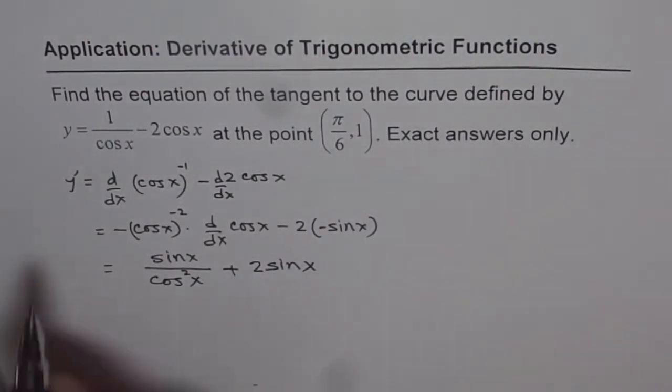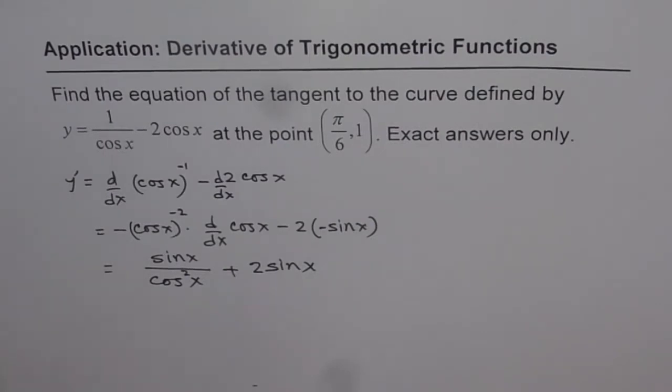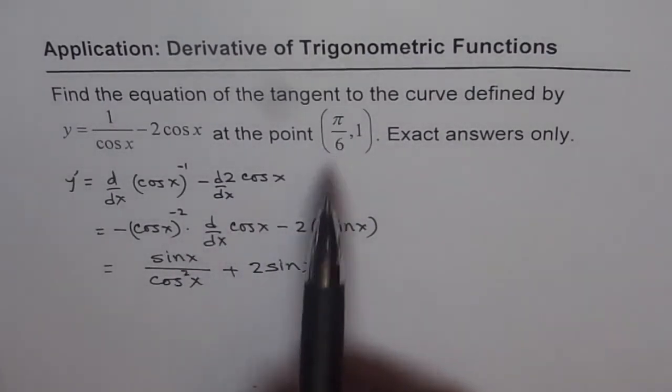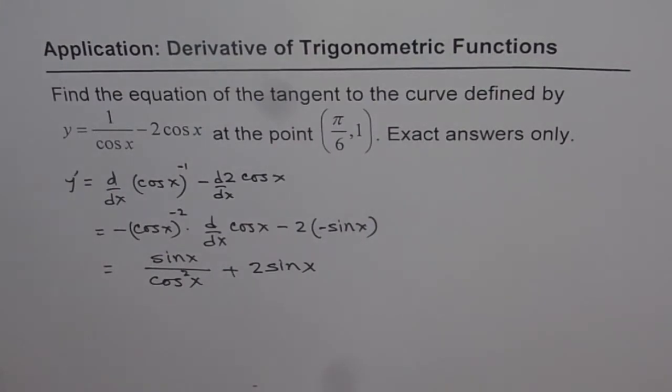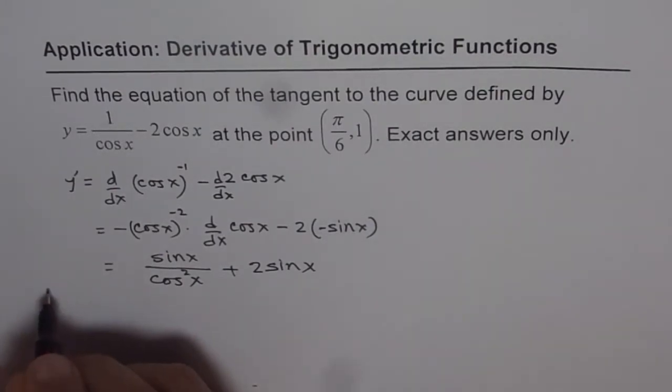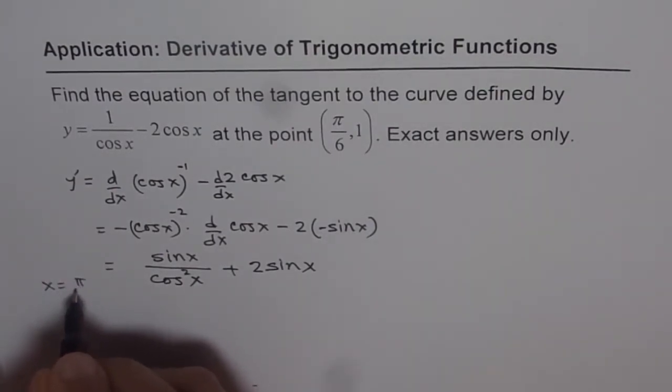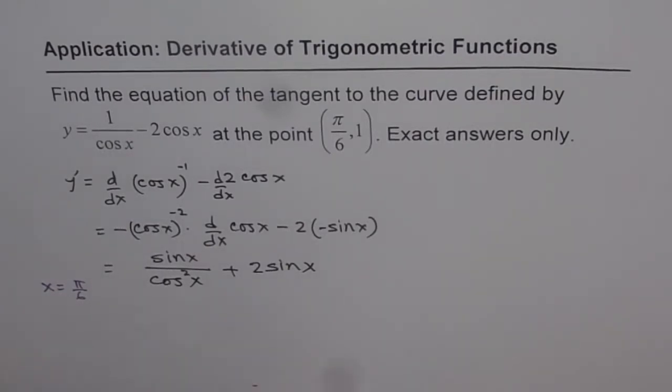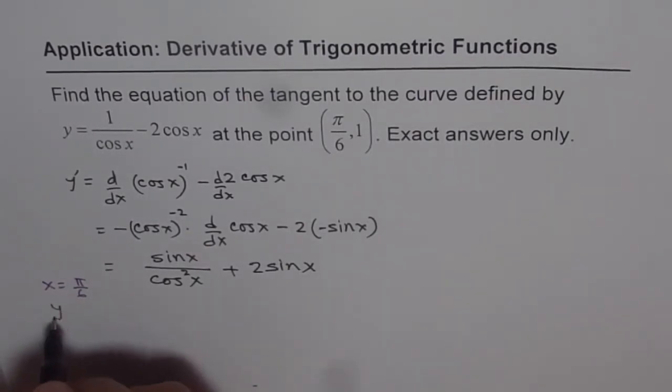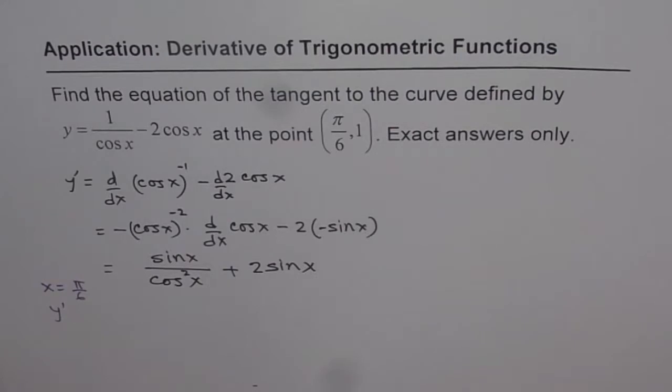So that is our derivative. Now we need to find the slope at x equals pi over 6, so at x equals pi over 6, what is y dash? We want to find the slope, right? So let's find that out.